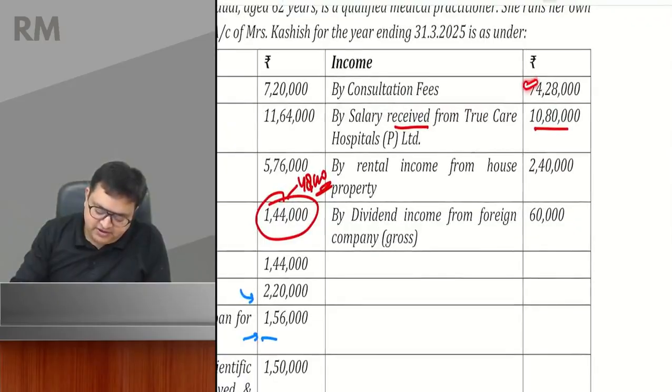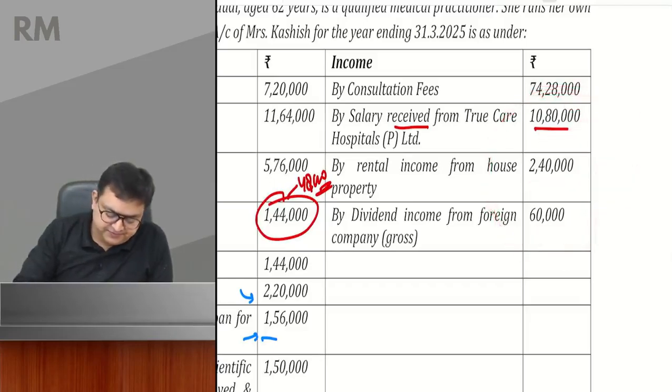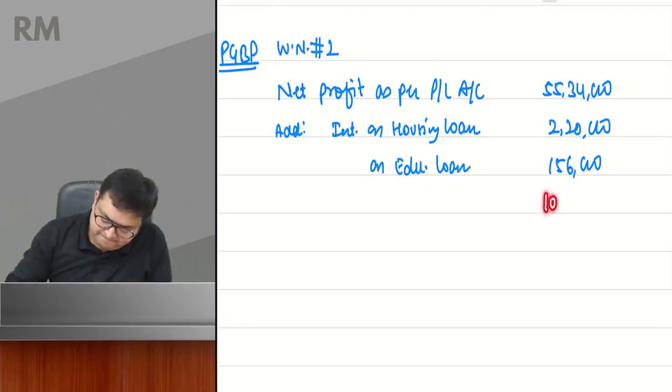Consultation fees, I'm okay. Salary is not a PGBP income. Rental income is not a PGBP income. Dividend is not. So it will go in salary, it will go in house property, it will go in your IFOS. So these are not PGBP: 1080, 20, 240, 60. I delete it.